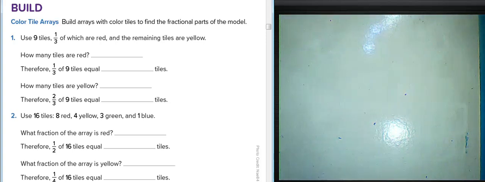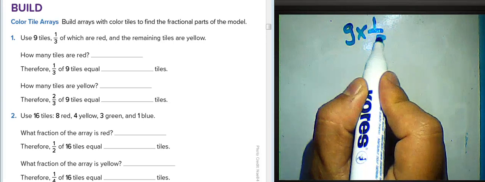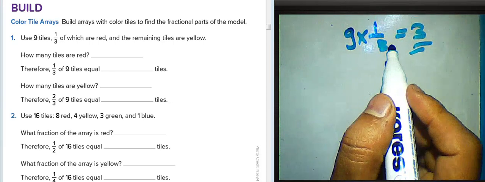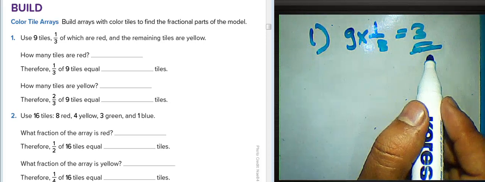How many tiles are red? Find the number by multiplication. 9 times a third will be 3. So for question number 1, we must write 3 here.